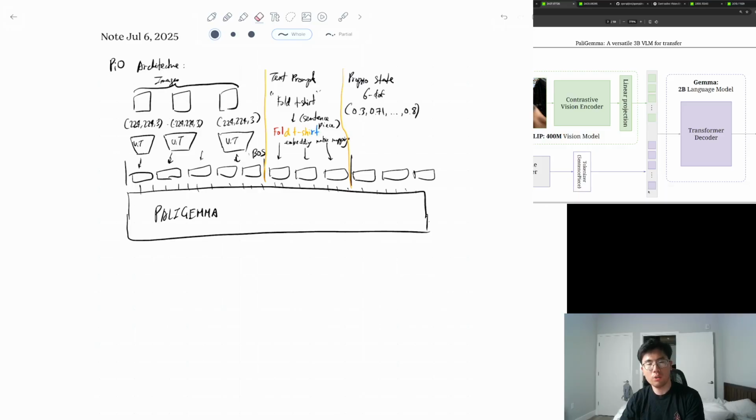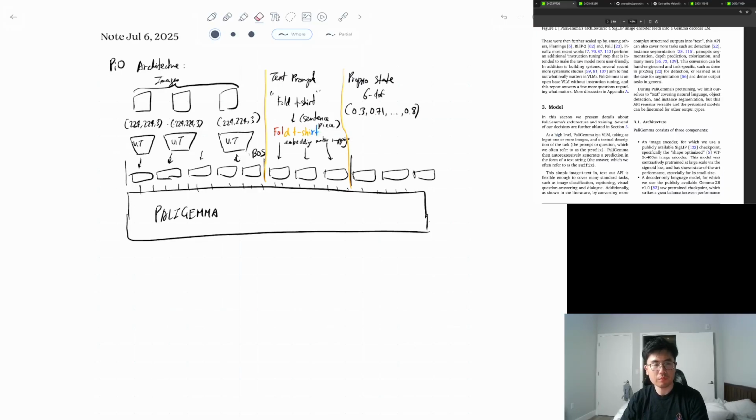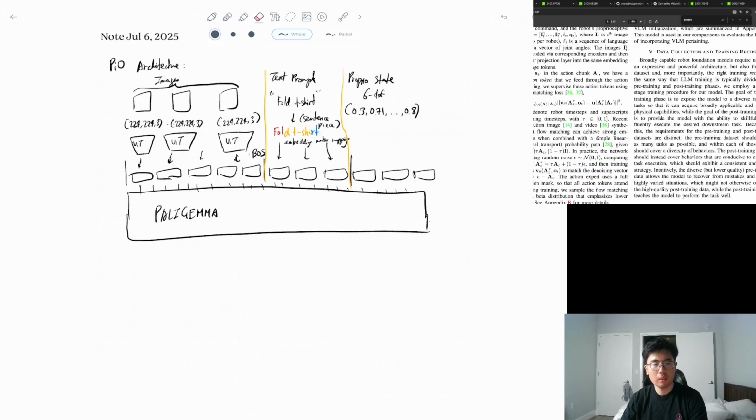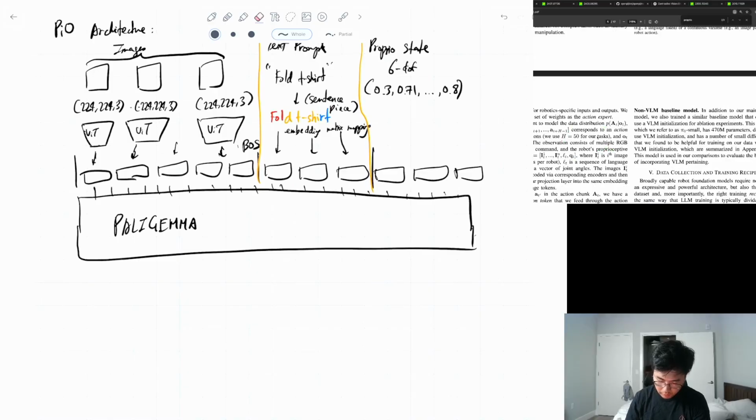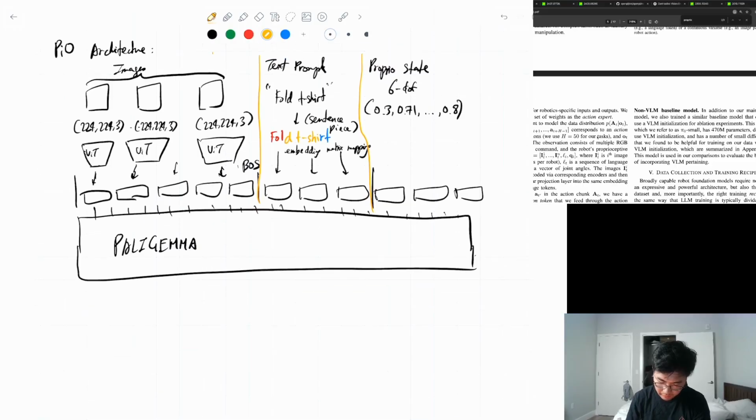Okay, so given that, we can now look at our flow matching loss, plus the interesting part, which is this action expert, which I've not even gone into.